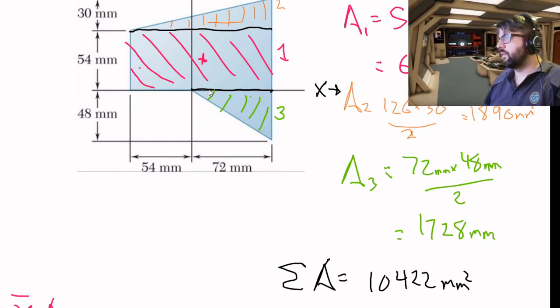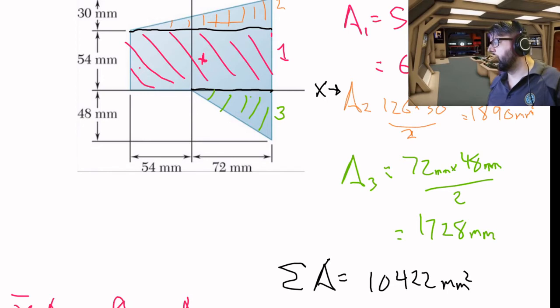So we got the 126 from here to here, divided by 2, which means that it's going to be 63 millimeters from either side. So the easiest way to get us a value here is just from 72 minus our 63. That gives us an x bar of 9 millimeters.